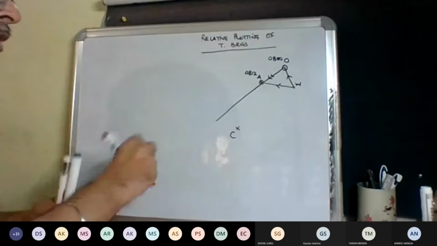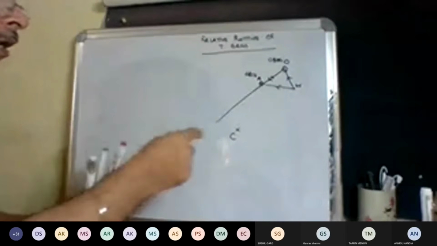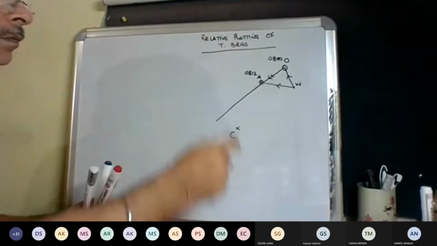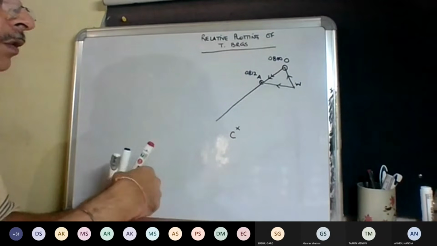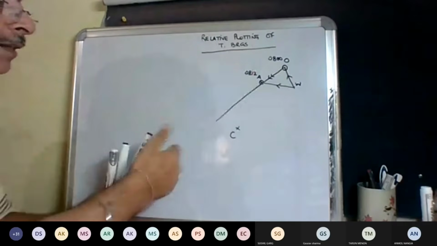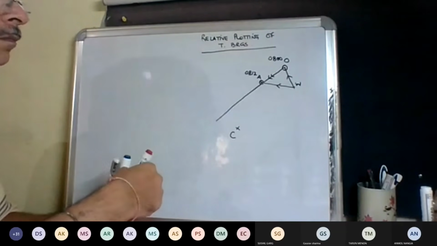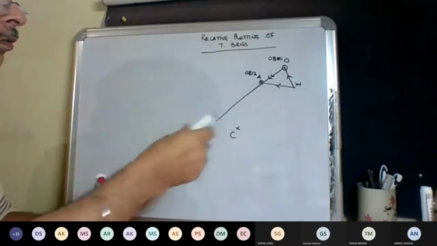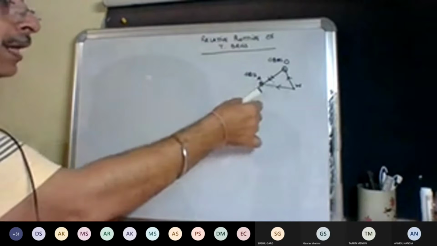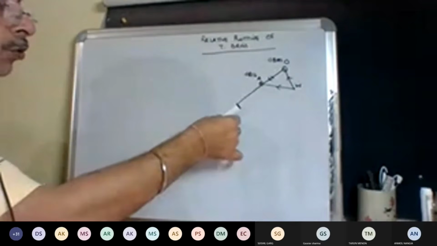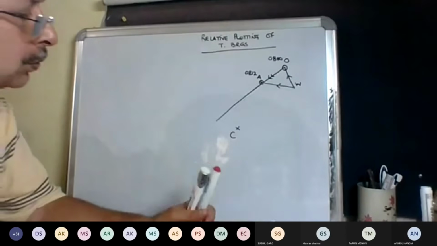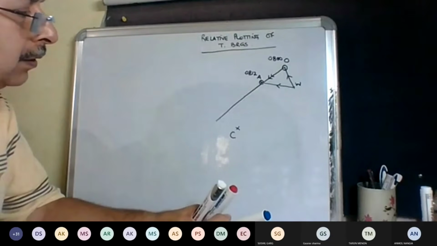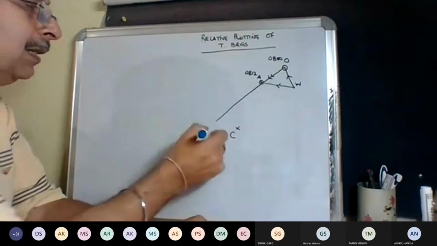Now from Charlie, I have to drop a perpendicular onto the OA extended line. So how to do that? Check the heading of the OA line. Whatever heading OA comes to, subtract 90 from it, and that will be the bearing line from Charlie.